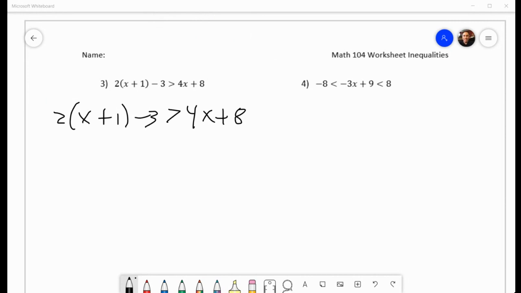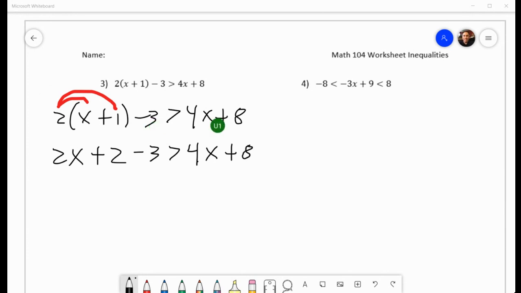So the left-hand side, we can distribute, like so. And what we get is 2 times x plus 2 minus 3, greater than 4 times x plus 8. This is what we get here.